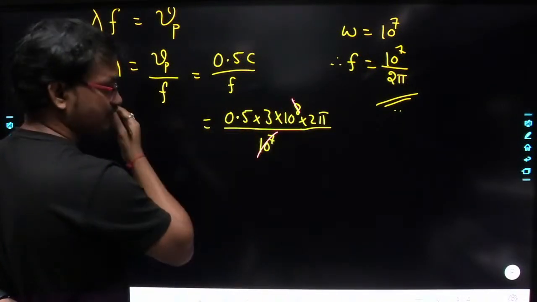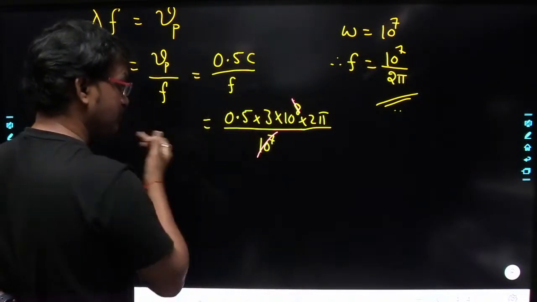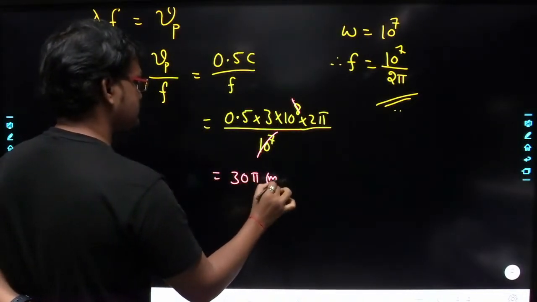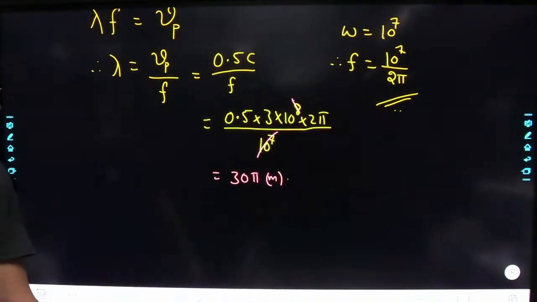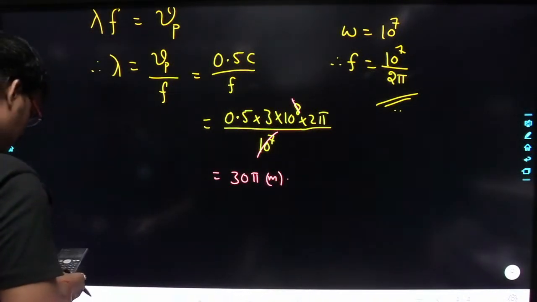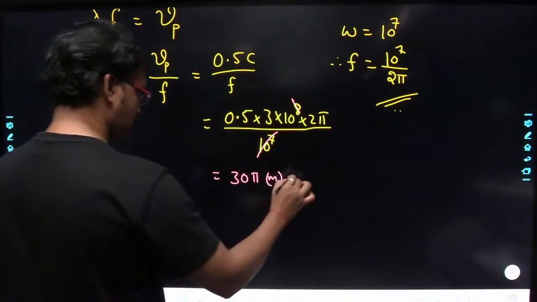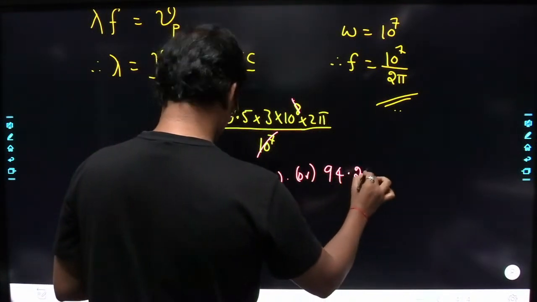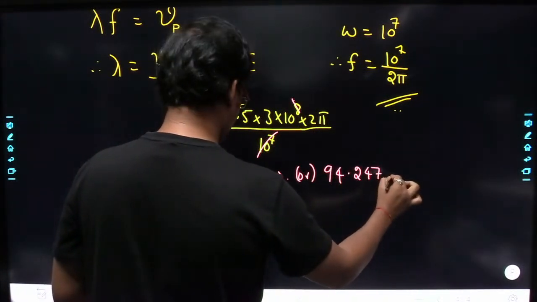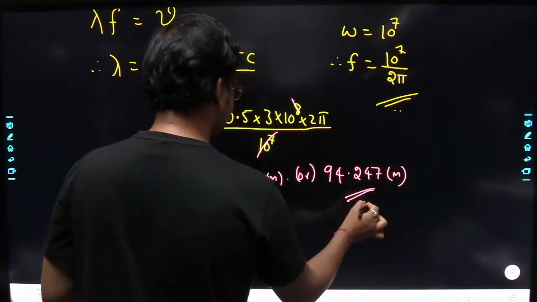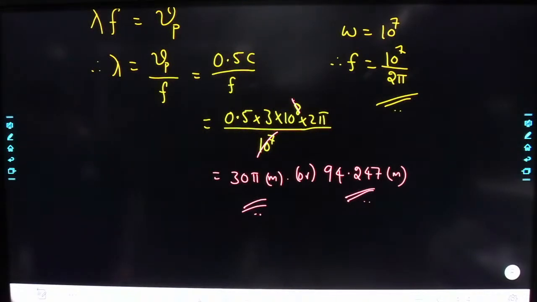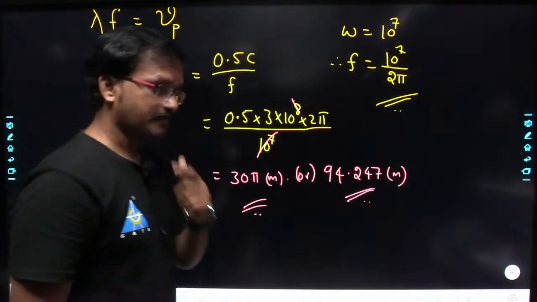So you are going to get 30 pi meters, or you can write it as 94.247 meters. So this is the wavelength, this is the lambda value.